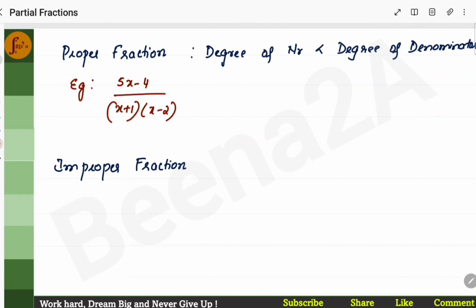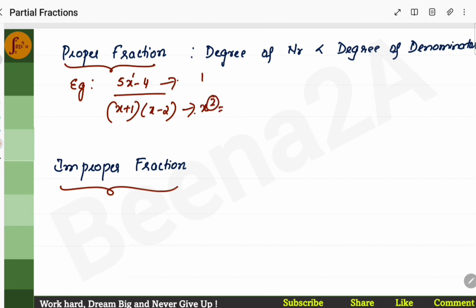Now before we solve partial fraction problems, we'll have to understand what is a proper fraction and what is an improper fraction. Now what is a proper fraction? You first find the degree of numerator and degree of denominator. Now what is the degree of numerator? It is the highest power. So what is the degree here? It's 1, right? Because x has no power, which indicates it's 1. And here when I multiply x and x, I'll get x square.